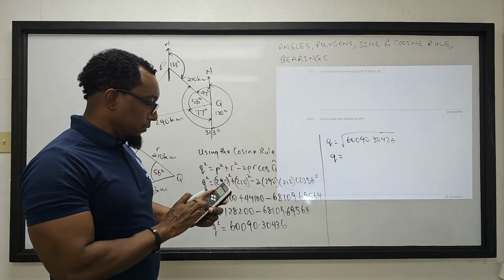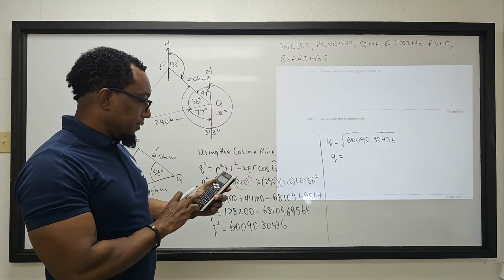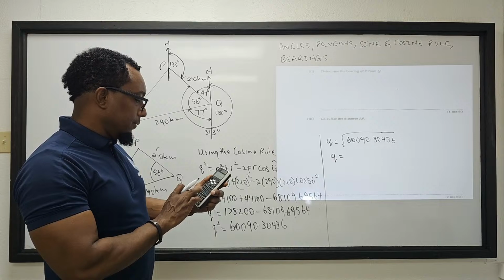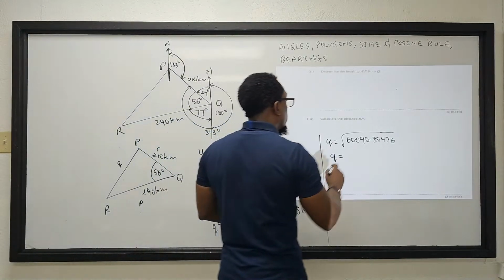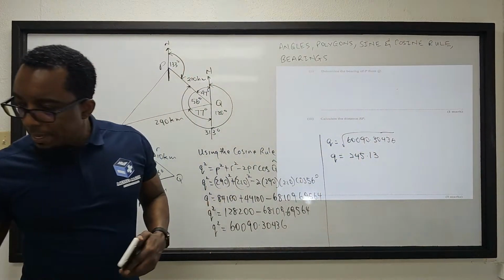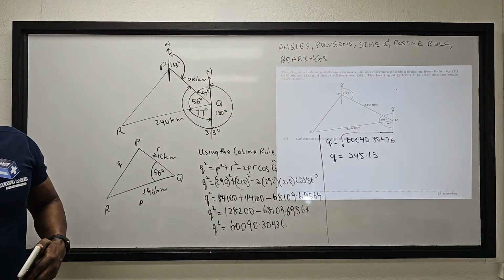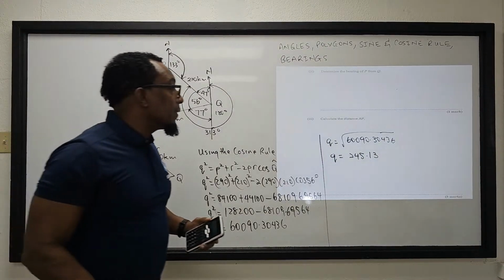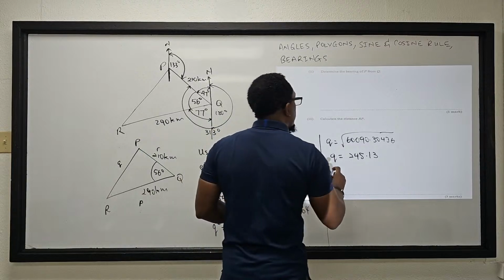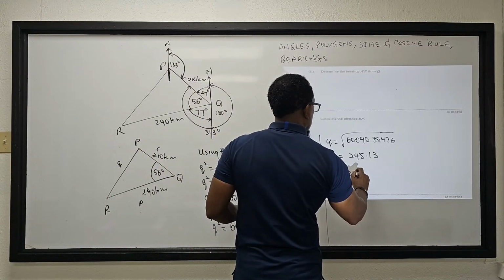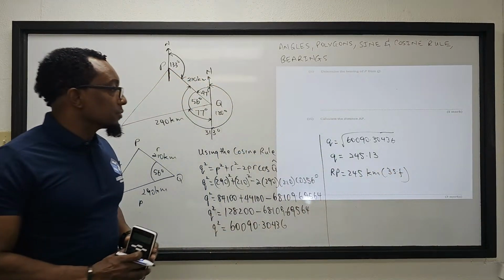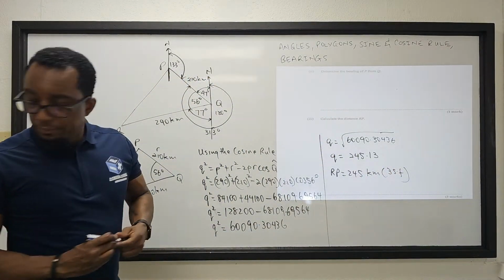So the square root of 60090.30436 will give us 245.13. And did they specify? Let me see if they specify. They didn't specify, but I will approximate my answer correct to 3 significant figures. So it means that the length PR or RP is equal to 245 kilometers correct to 3 significant figures using the cosine rule.